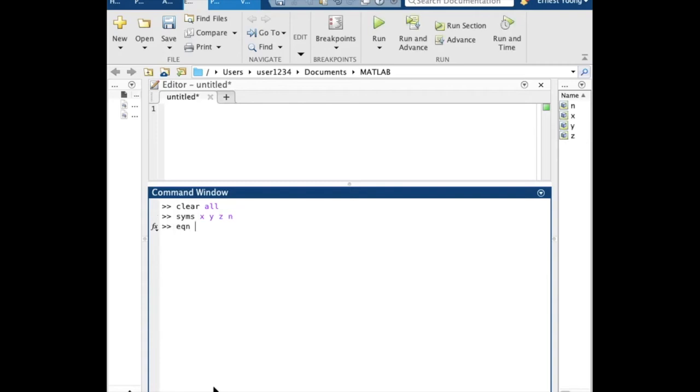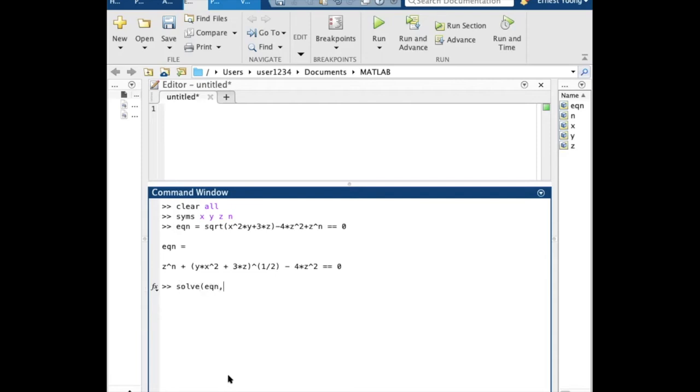So equation is equal to the square root of x squared times y plus 3 times z in brackets, minus 4 times z to the power of 2 plus z to the power of n. And we set it equal to 0, remembering the double equal sign. Then we can solve our equation.